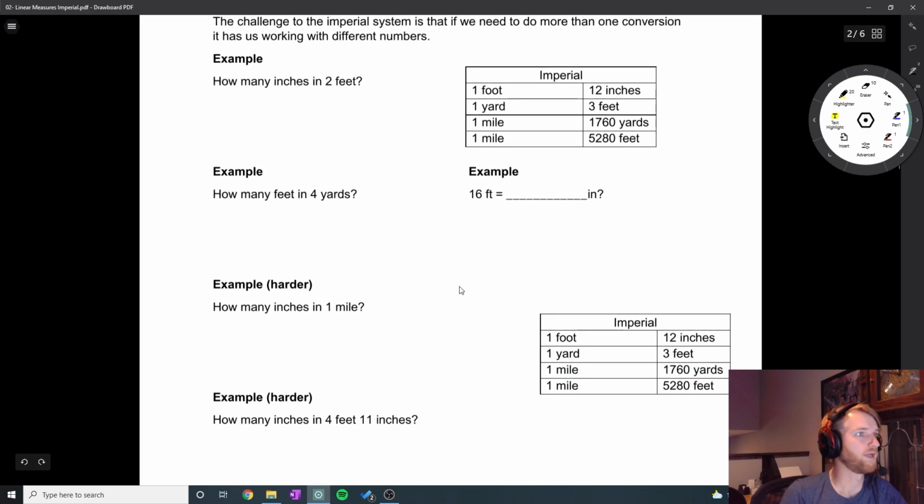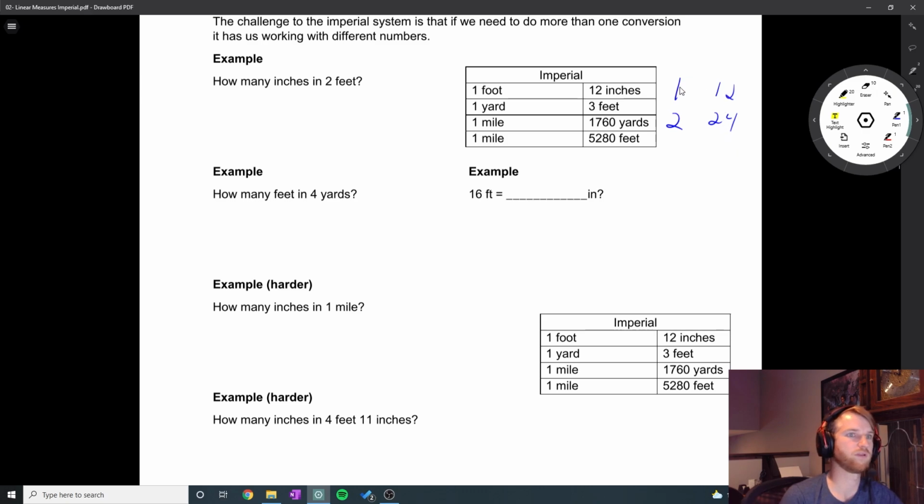So now let's do a couple examples of converting between different units. How many inches are in 2 feet? 1 foot is 12 inches. A yard is 3 feet, and a mile you could say is 1,760 yards, or you could say it's 5,280 feet. So if 1 foot is 12 inches, then 2 feet must be 24 inches.